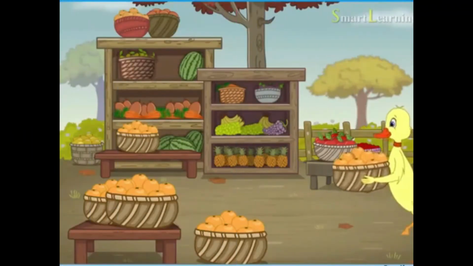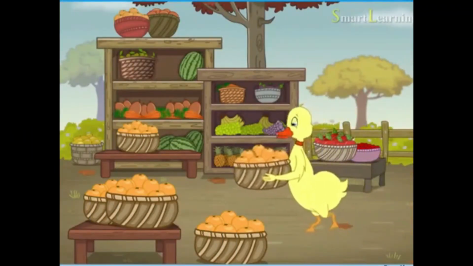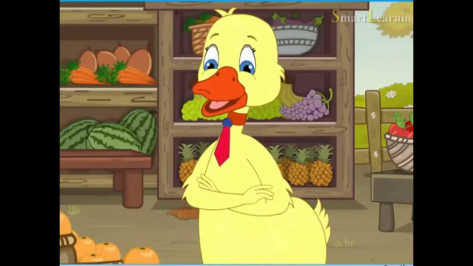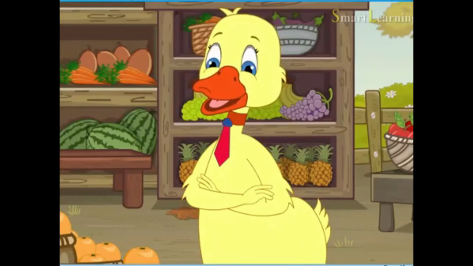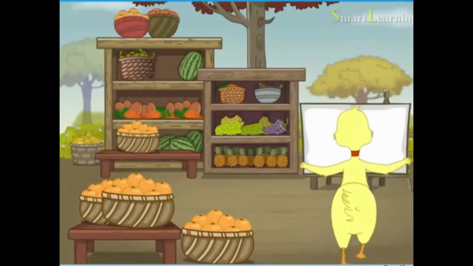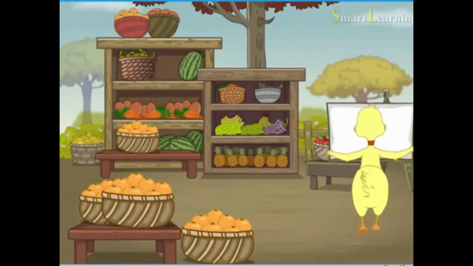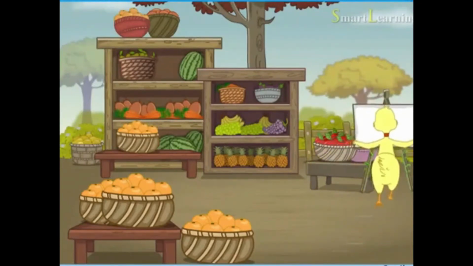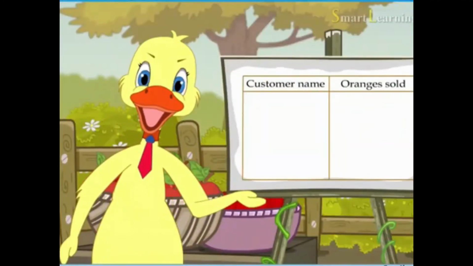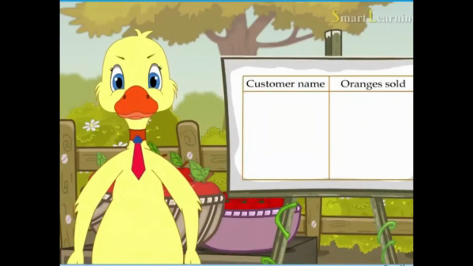Today, Mr. Duck has brought nice oranges to his shop. He is sure that he will have a good sale. To keep an account of the sale, he decides to make a table on a board. He makes 2 columns, one for the name of the customer and the other for the number of oranges sold.